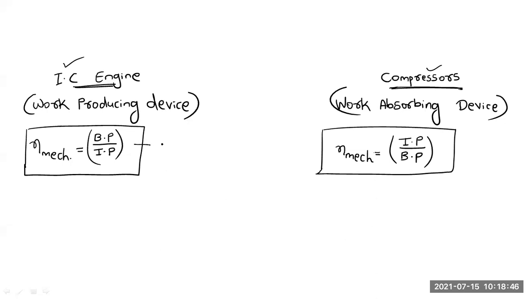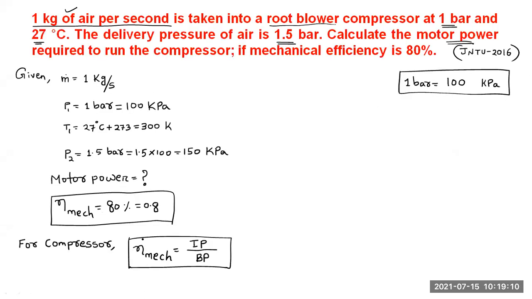Just see the formula for an IC engine, brake power divided by indicated power, whereas in case of compressor the formula will reverse, indicated power divided by brake power. In the same manner, here we have written the mechanical efficiency equal to indicated power divided by brake power.